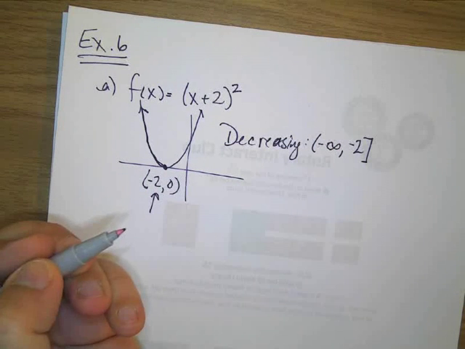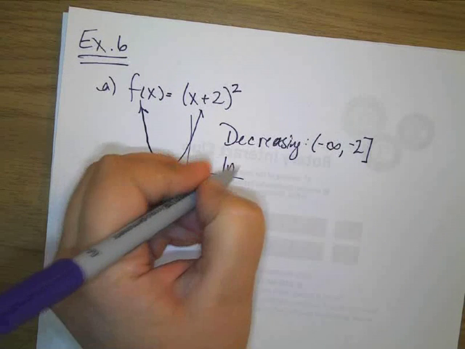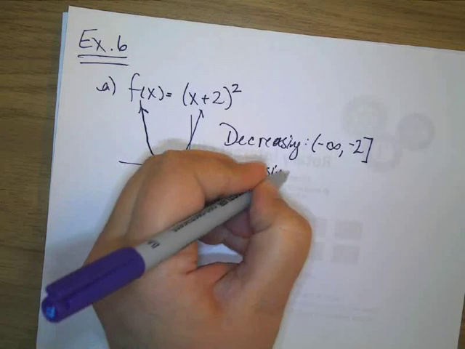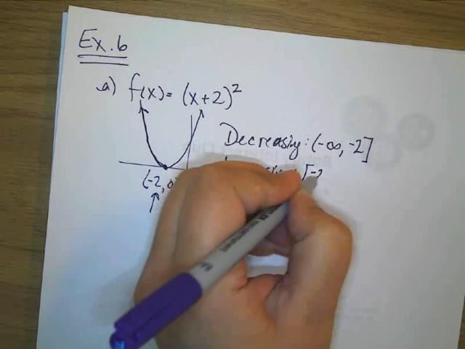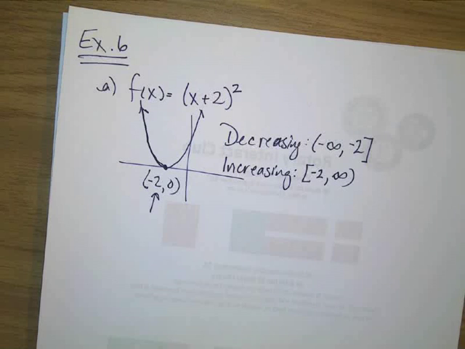And then what happens? So increasing from -2 to infinity. And beyond. Are we okay there? Okay.